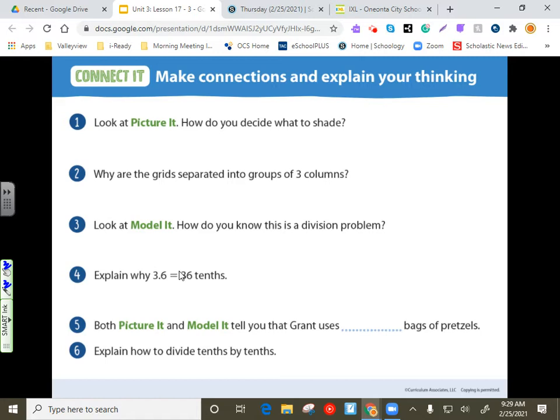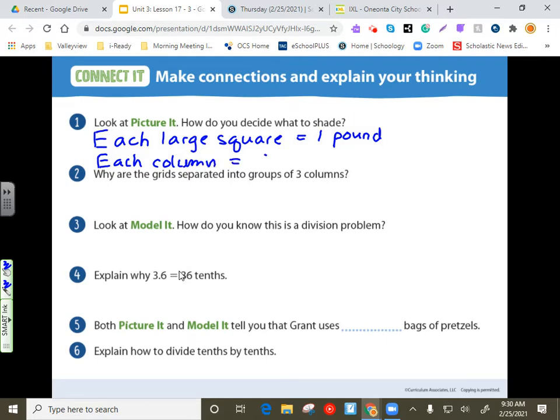We know that each large square equals 1 pound, and each column equals 1/10 pound. So that's how we know to shade in 3 full squares, and then we fill in 6 full columns to get that total 3.6. Why are the grids separated into groups of 3 columns?